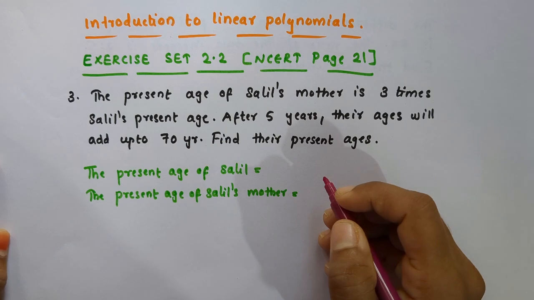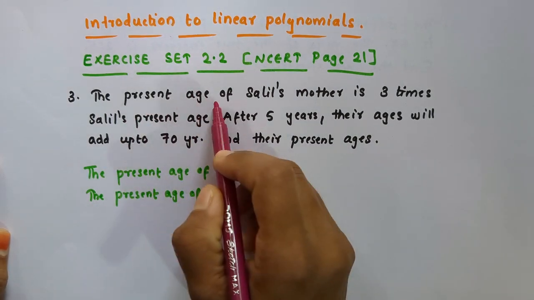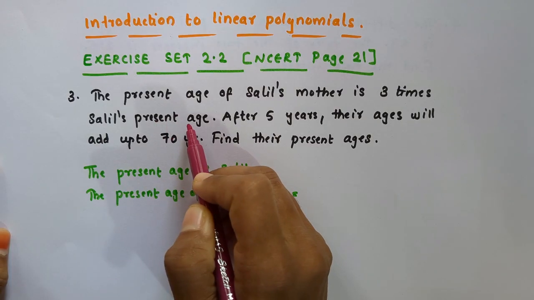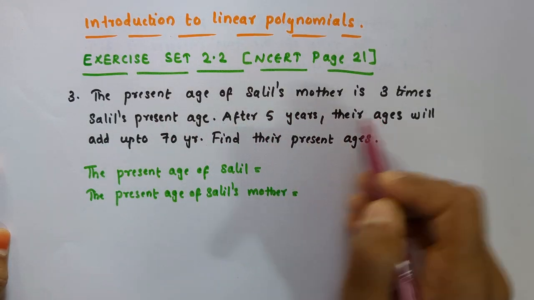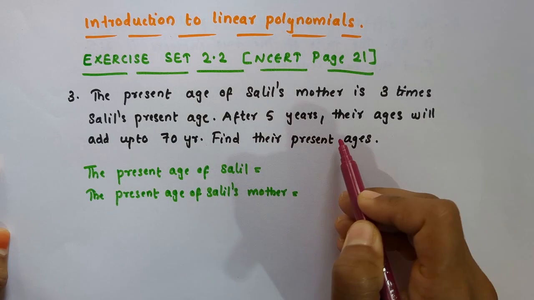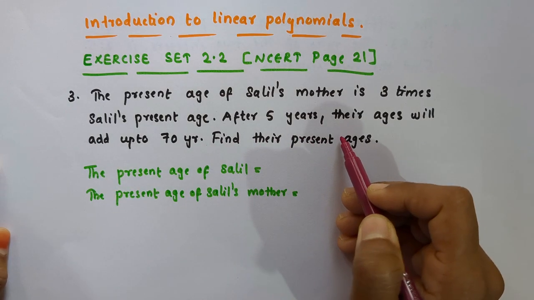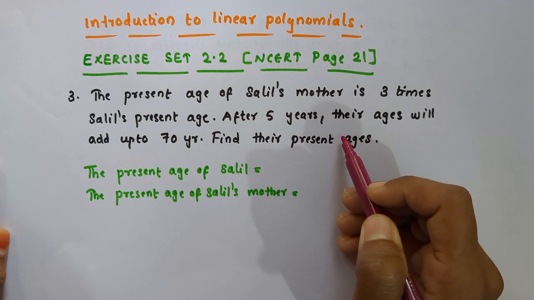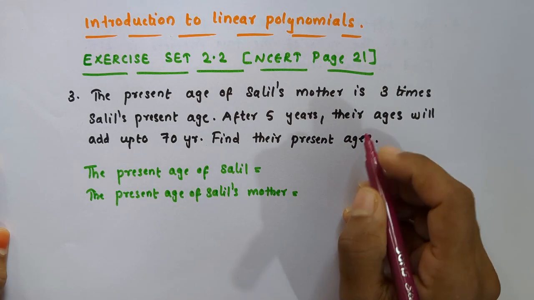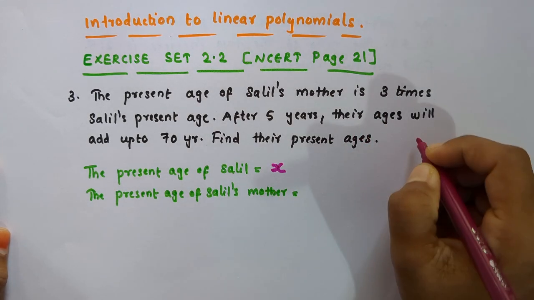Now, let us discuss the third question. The present age of Salil's mother is 3 times Salil's present age. After 5 years, their ages will add up to 70 years. Find their present ages. That is the third question. So let the present age of Salil be x years.